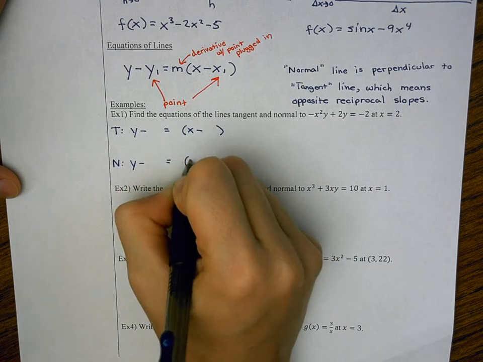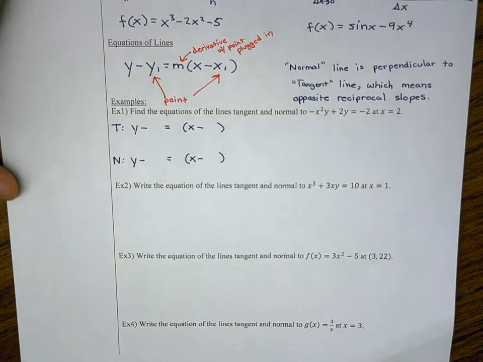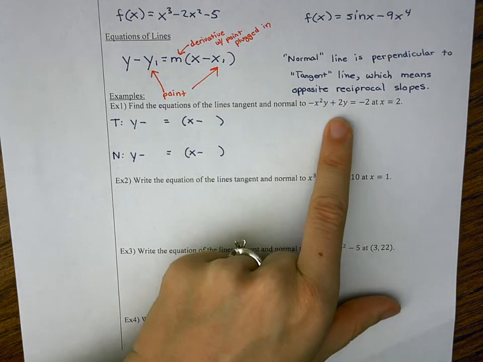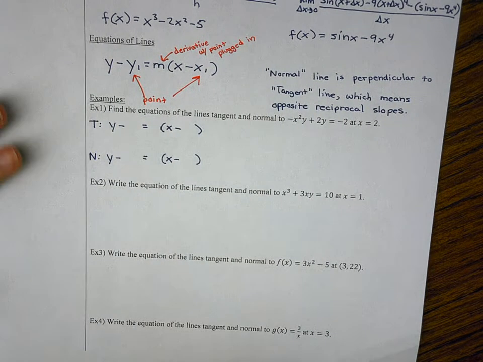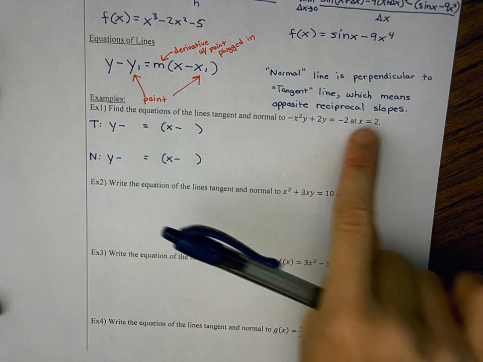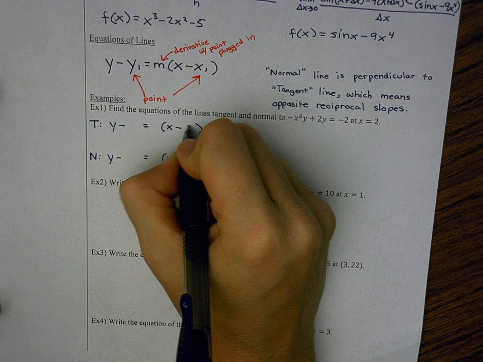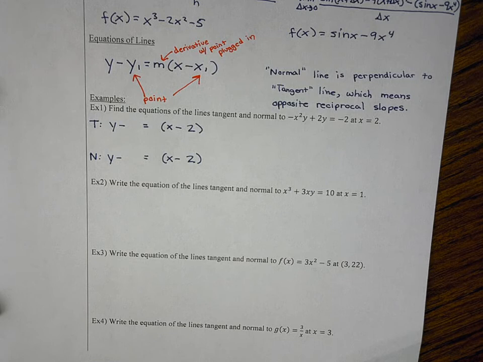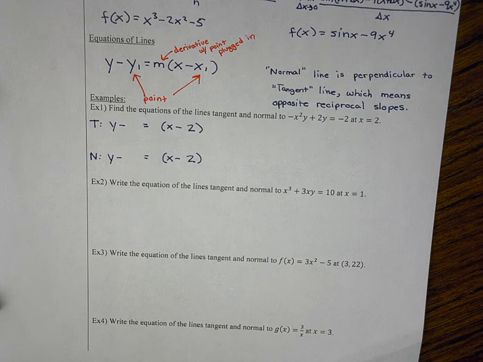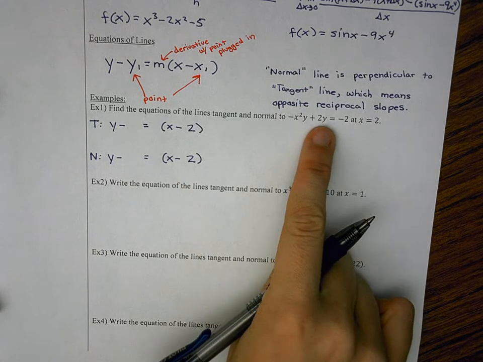And they are going to be tangent and normal to this equation, negative x squared y plus 2y equals negative 2, at x equals 2. Okay, so I've got, first off, one part of my point, my x coordinate. Question then becomes, well, they didn't give me a y coordinate. Okay, how could I find a y coordinate? Well, I've got an equation, and I've got what x equals.